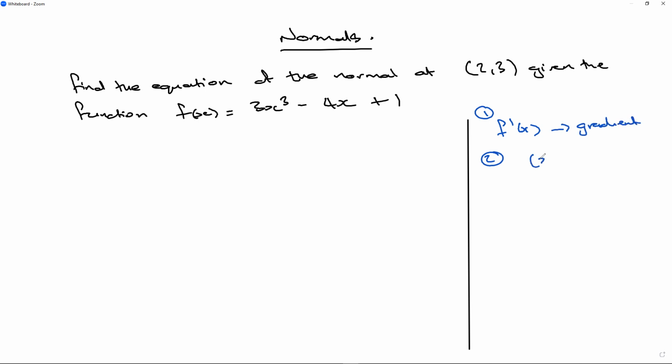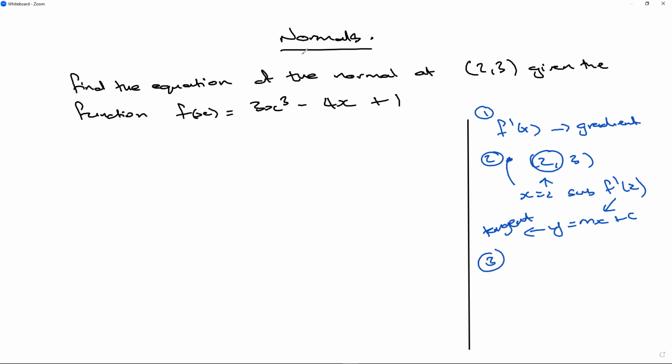I'm going to take the 2 from the coordinate, which is x equals 2, and substitute it into the equation there, because that will give me the gradient, and the solution of this will go into y = mx + c if I need the tangent.